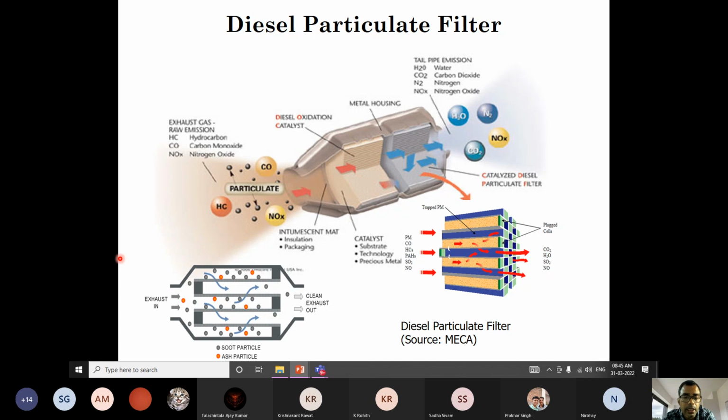That's the difference. When it burns out, it converts into ash. However, here it is shown in a very small proportion. It might be that before entering the DPF, the solid particles have been burned out because of the exhaust gas itself, and a small fraction of ash is also present here.